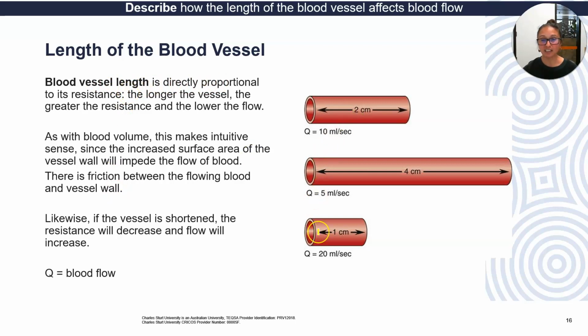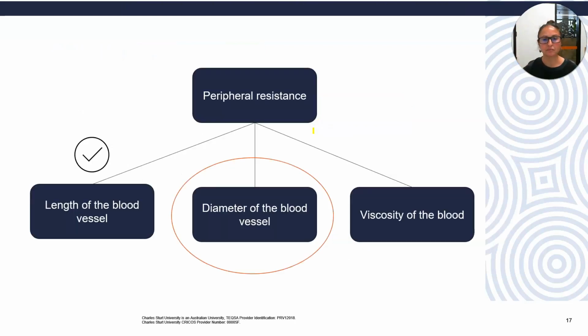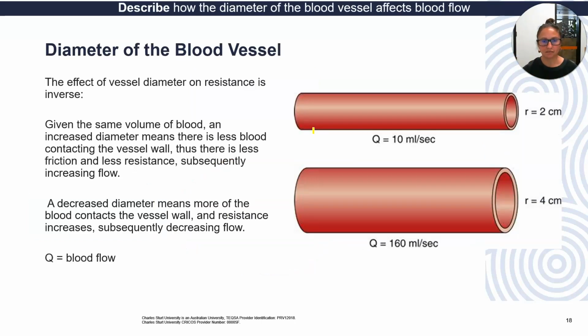If you have a look at this particular image, Q means flow. So what can we tell from this image? We can tell that the longer the blood vessel, the more resistance, and the lower the flow. Okay? So just get your head around these basic concepts. The length of the blood vessel is important.